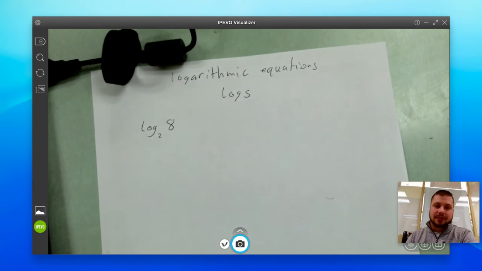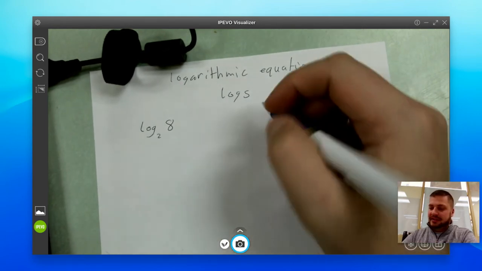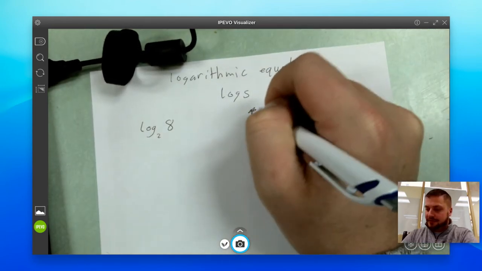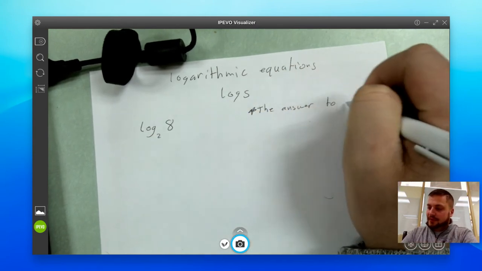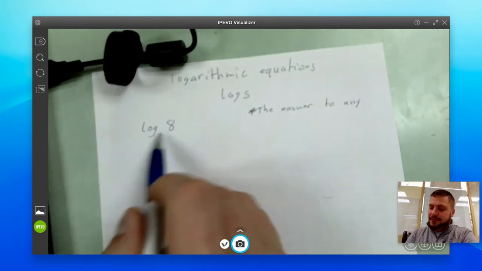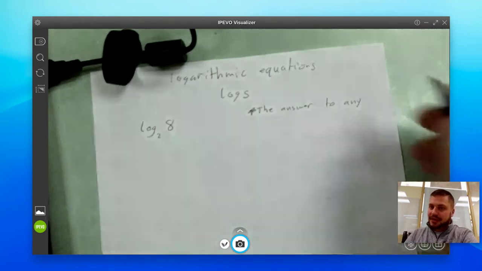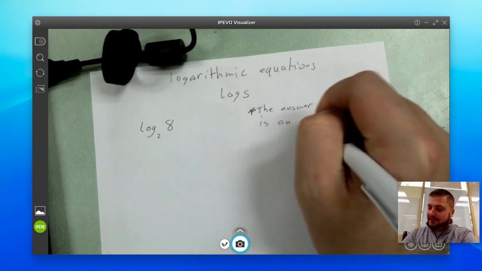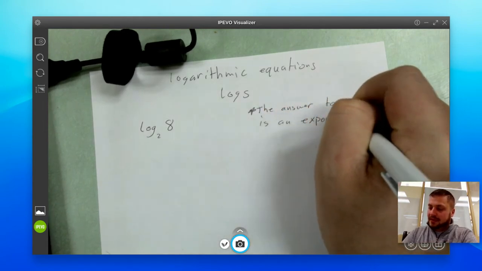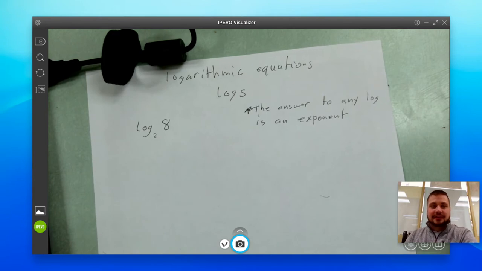What a log is doing, there's a couple key things that I always want you to remember about logs. The first one is very important. The answer to any log expression or equation, the answer to any log is an exponent. That is key for you to understand what logs are and how to get their answers.